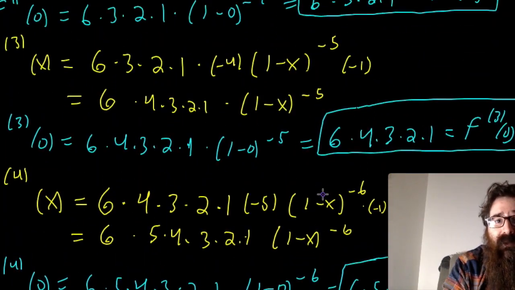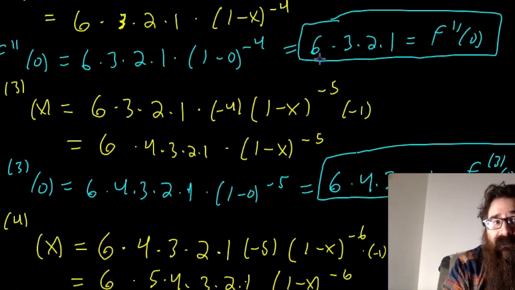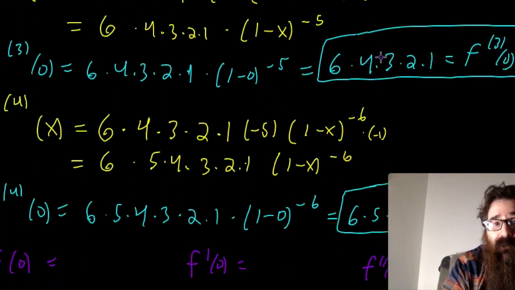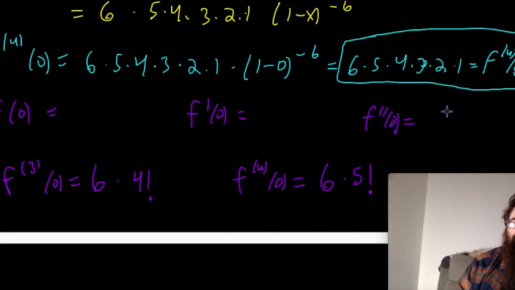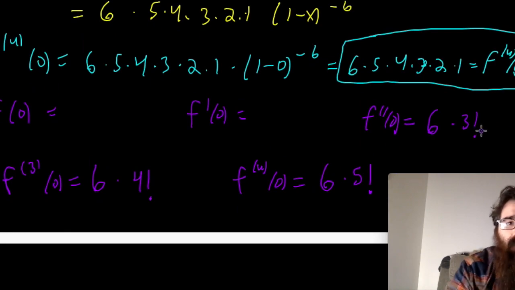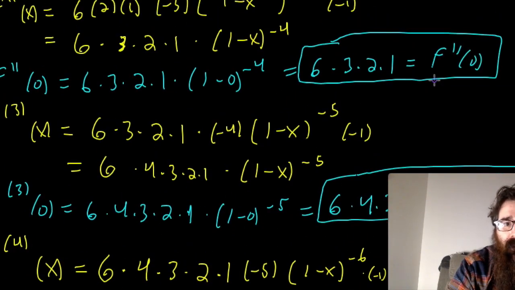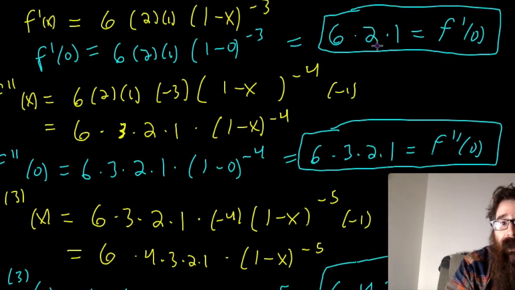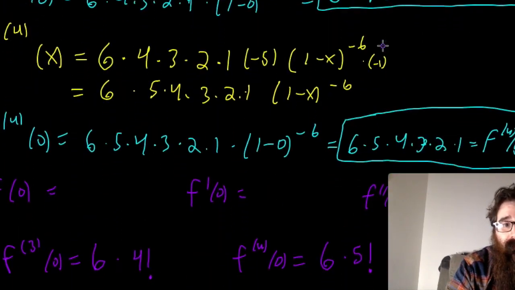But what about my second order derivative at 0? Well, this is a 6 times a 3 factorial. So now we can start to maybe see the pattern a bit. When I go to the first order derivative at 0, well, this is a 6 times a 2 factorial.